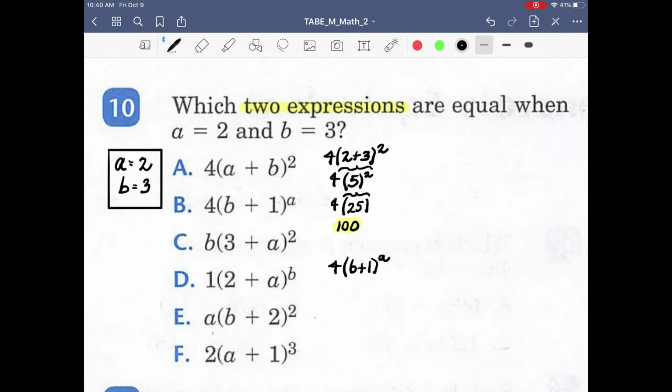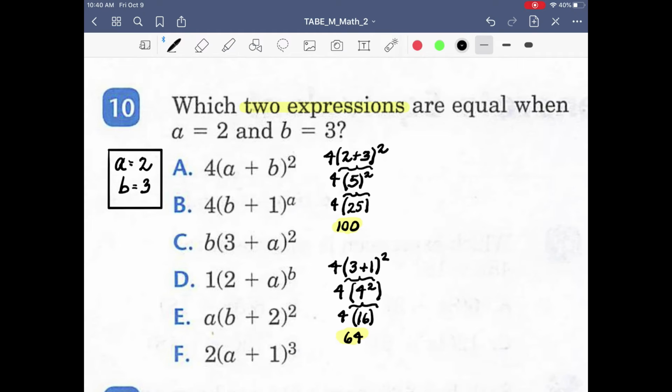So to save space, guys, let me go ahead and substitute: 4 to the second power, and that's 16. 4 times 16 is 64. So those two are not equal.